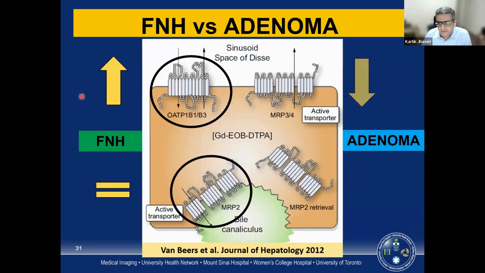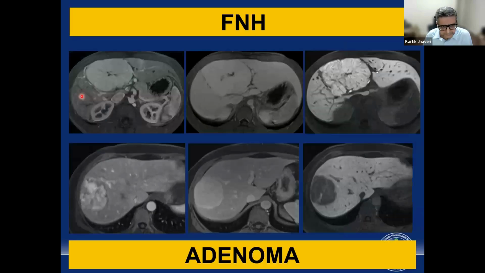Whereas in a hepatocellular adenoma, there is downregulation of those OATP receptors, so very little contrast is getting into the hepatocytes, and therefore there is no strong excretion into the lesion, and therefore it is hypointense on that hepatobiliary phase.